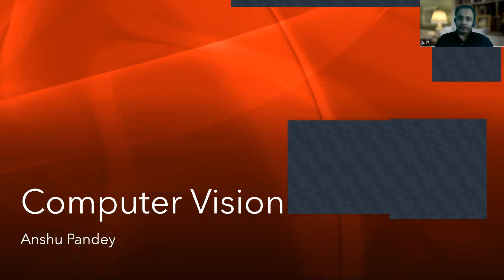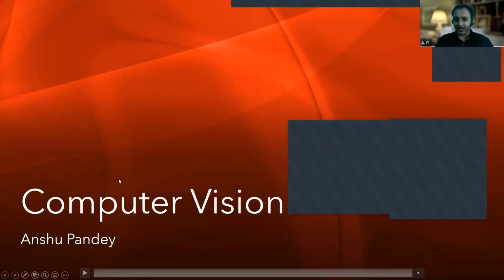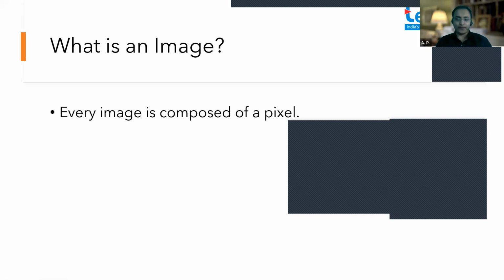Okay, so here we go, and let's start with understanding images. All right, what is an image? A picture or an image, as you can see, is composed of pixels, a lot of pixels. An image is a collection of pixels arranged in a specific order.